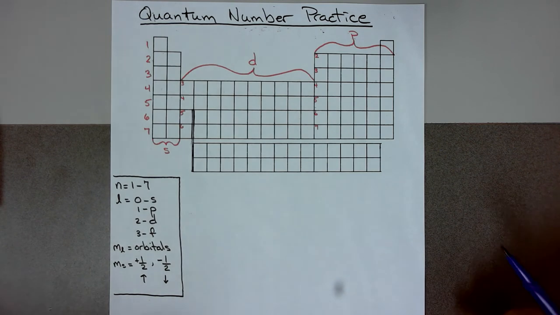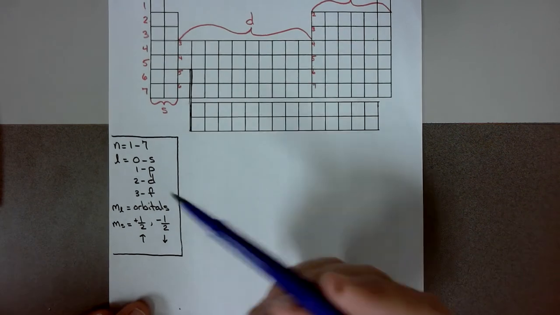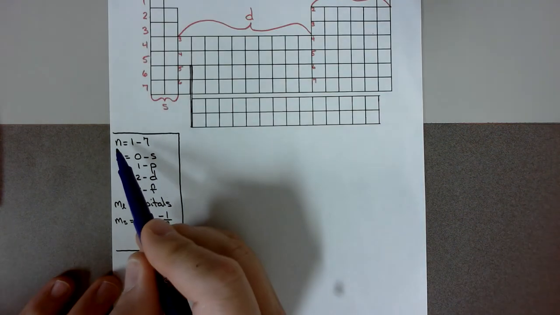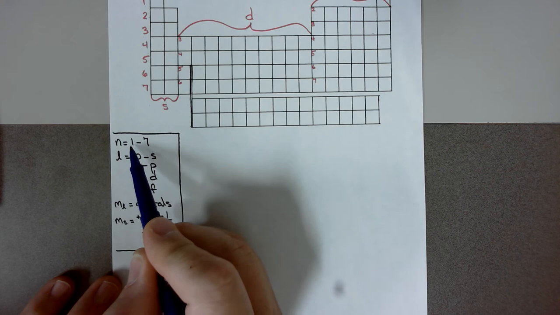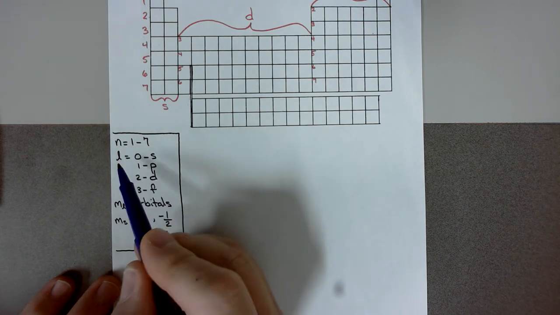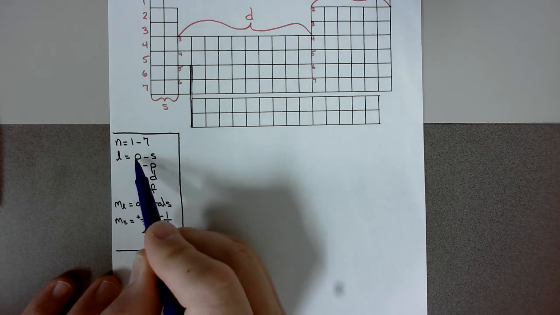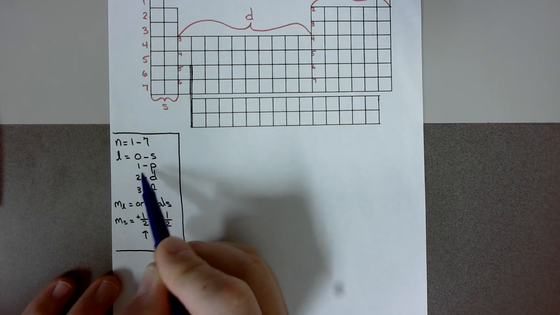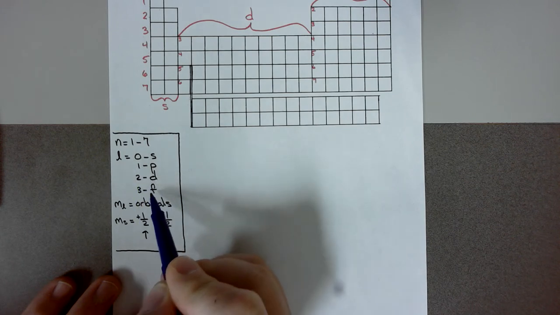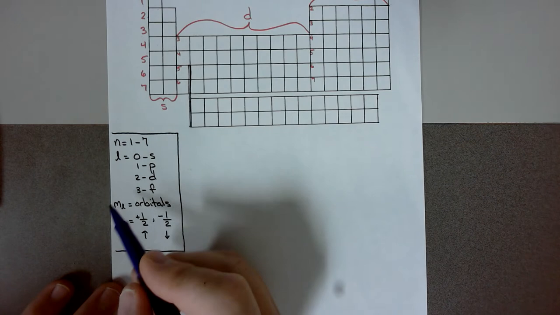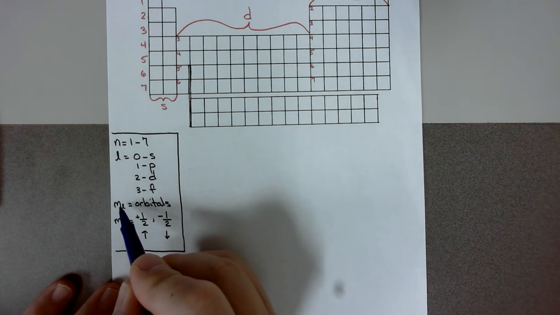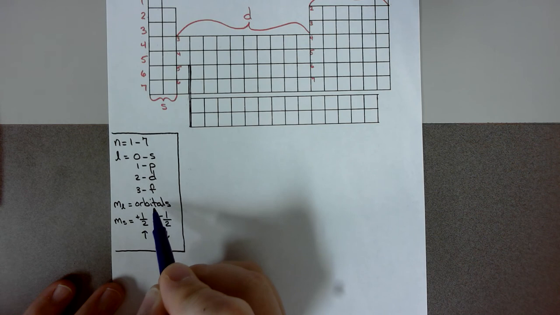Just a reminder, our quantum numbers: we have the principal quantum number N, which is our energy levels 1 through 7. Then we have the angular momentum quantum number L, which represents the sublevels. 0 would be the number for S, 1 for P, 2 for D, and 3 for F. Then we have our magnetic quantum numbers, M sub L, which represent the orbitals, and I'll go through more of those numbers as I do the video.